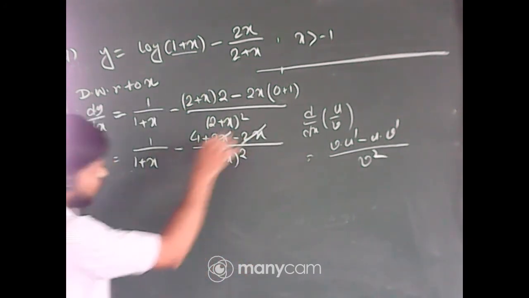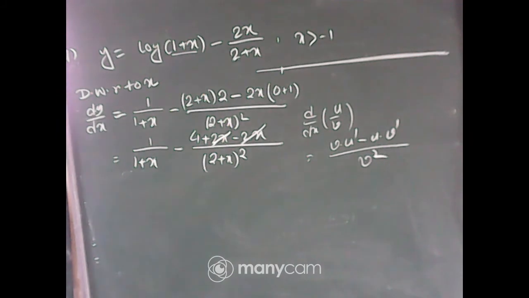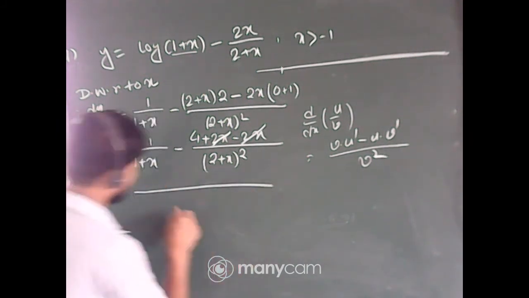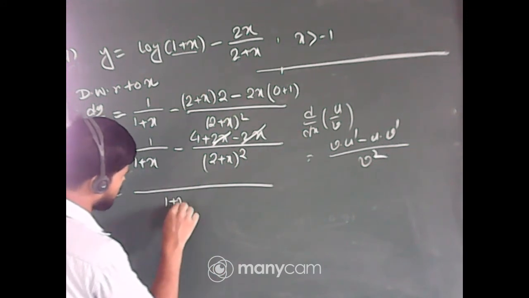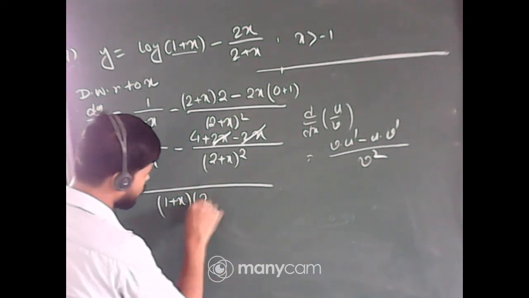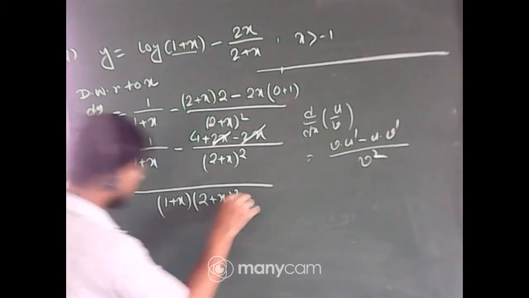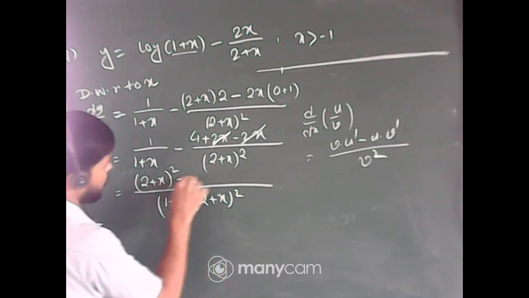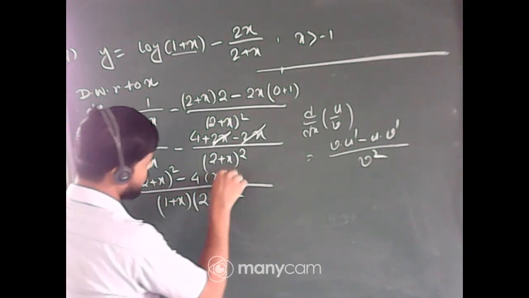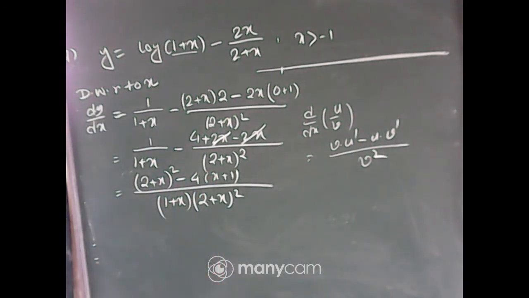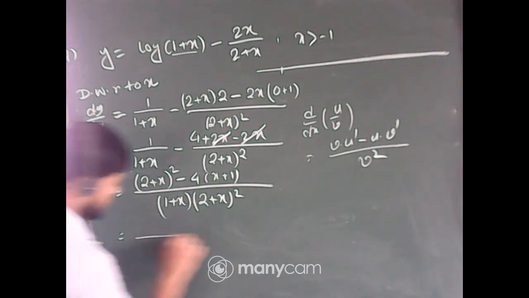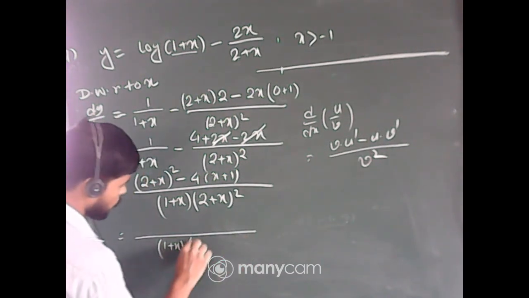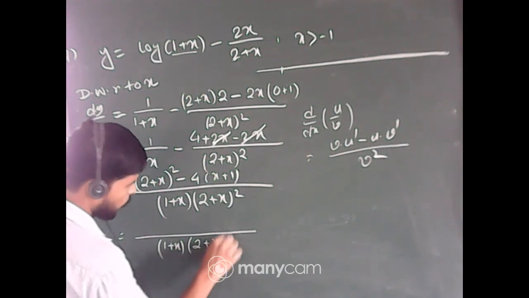Now look, this minus 2x and this plus 2x will cancel each other, so the final result will be (x plus 1 plus x) into (2 plus x) whole square, so it will be (2 plus x) whole square minus 4 into (x plus 1), after doing the LCM, over (1 plus x) into (2 plus x) whole square.